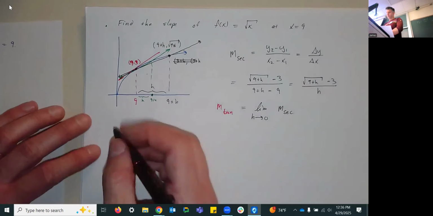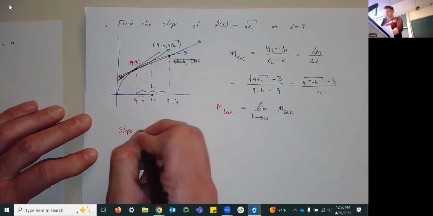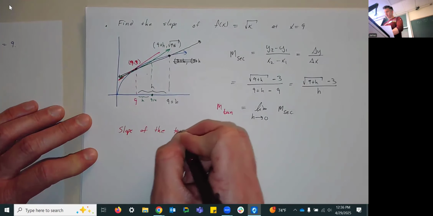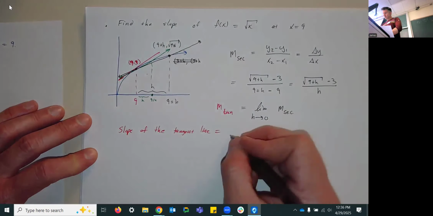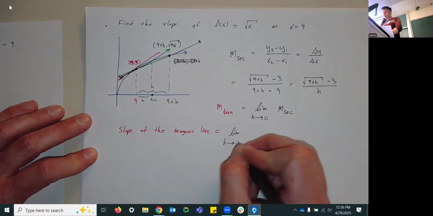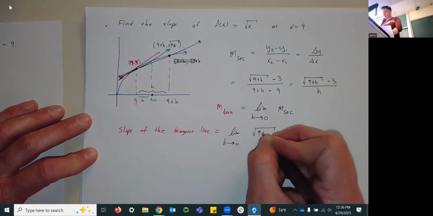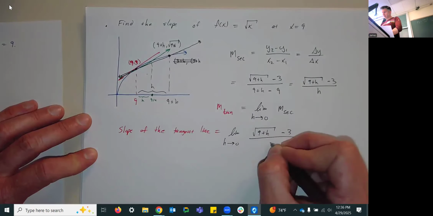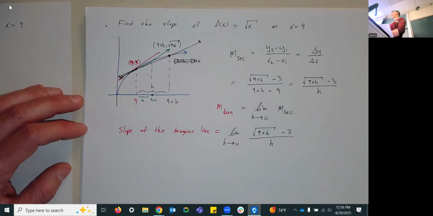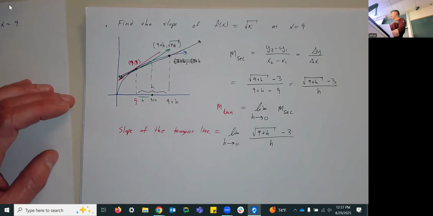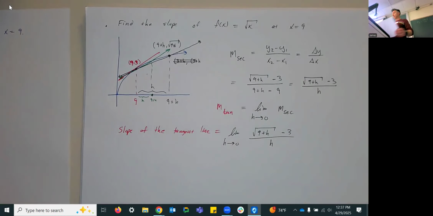Or written with more words, slope of the tangent line equals the limit as h approaches 0 of the difference in the y's divided by the difference in the x's. Which you might notice, if we plug in 0, we get a 0 over 0 type of limit. This is the main reason we spent so much time talking about 0 over 0 limits, because they are always what shows up when you try to find the slope of a tangent line.